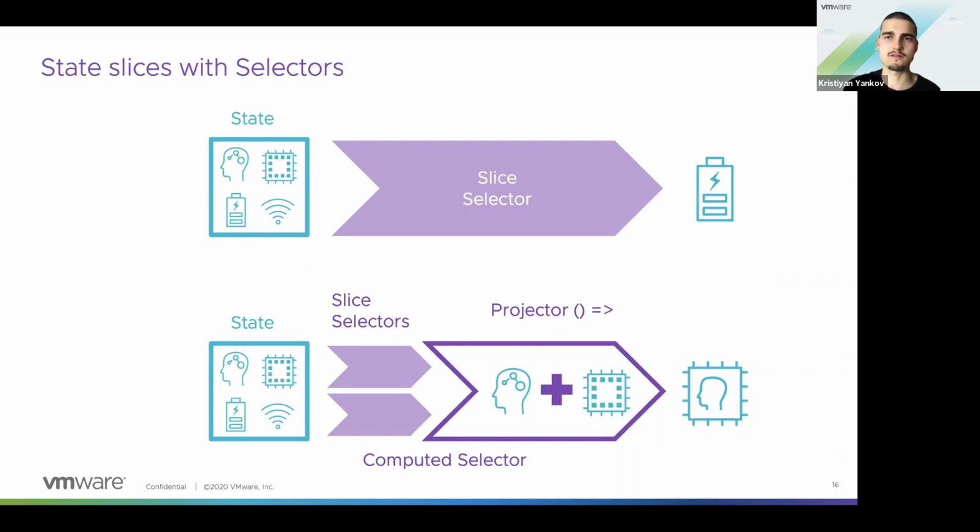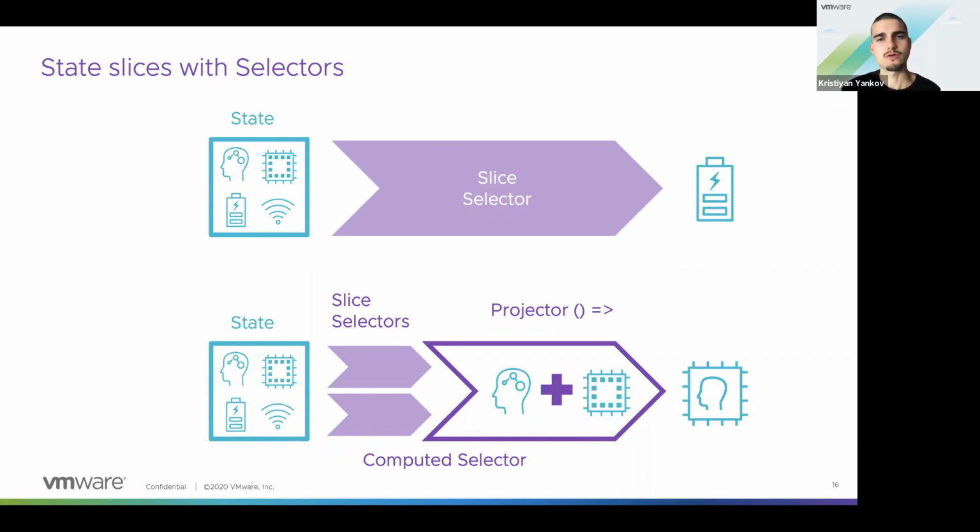And this practice is known as memoization. And such selectors are known as memoized selectors. And by utilizing such selectors, we provide great performance, particularly for the selectors that perform expensive computations in their projector functions.